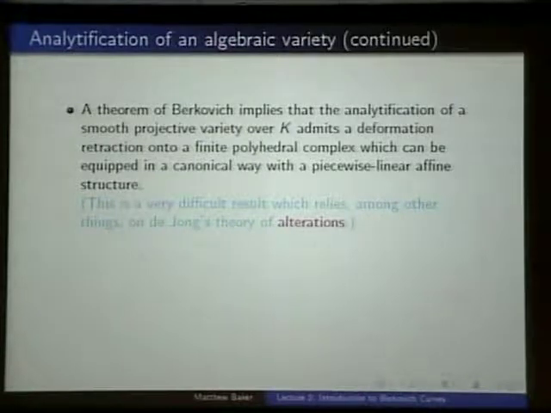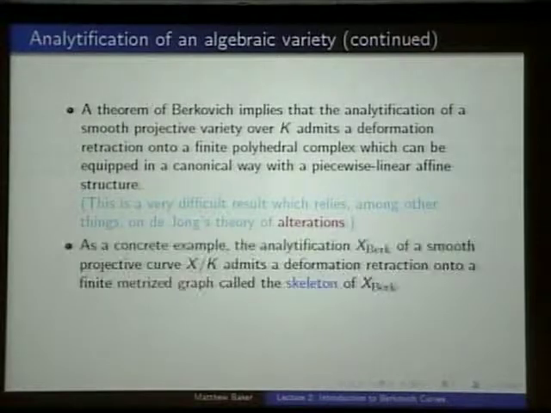And I won't say anything more about that, except that in the case of curves, if you analytify a smooth projective curve, then what this means basically is that you have some deformation retraction onto a finite, canonically metrized graph. So a finite graph, but where the edges are thought of as having definite lengths, which we'll call the skeleton.